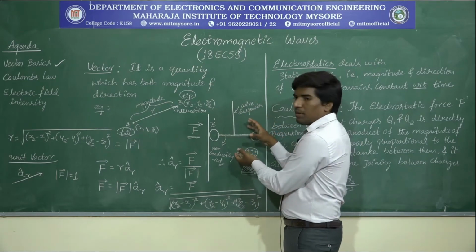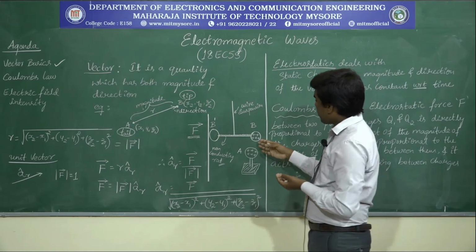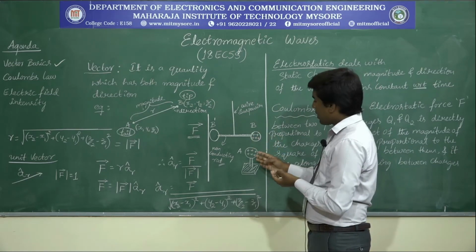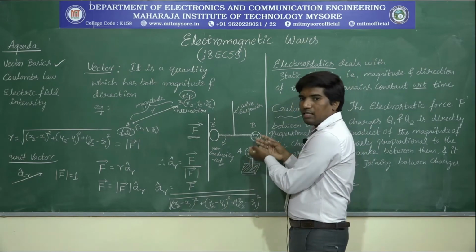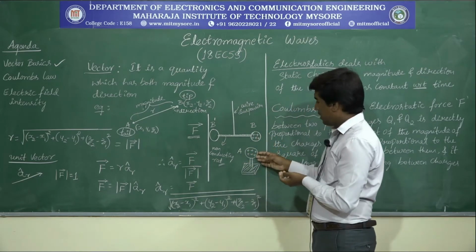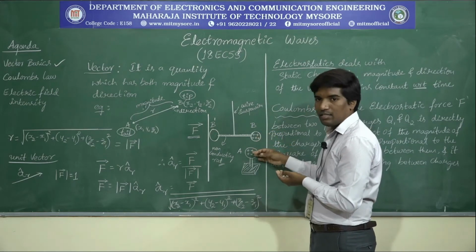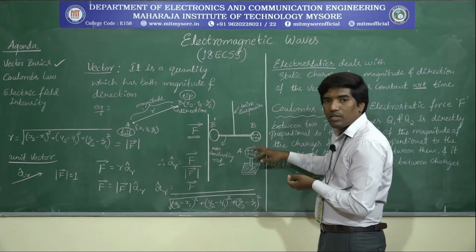With this experiment, Coulomb observed that in an electrostatic environment, the electrostatic force offered by any of the charges is directly proportional to the product of charges on the two materials and inversely proportional to the square of the distance between them.